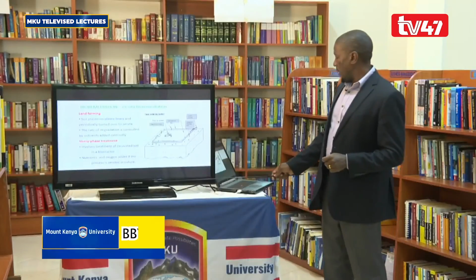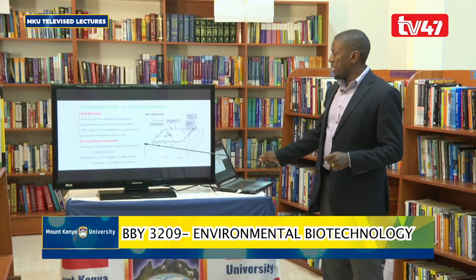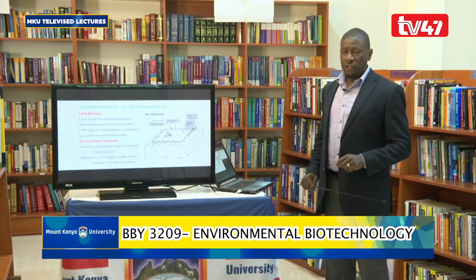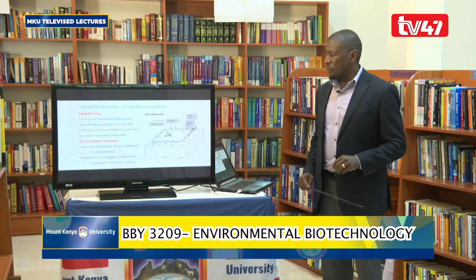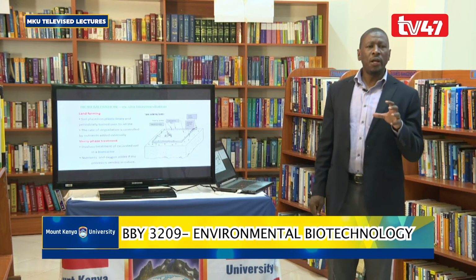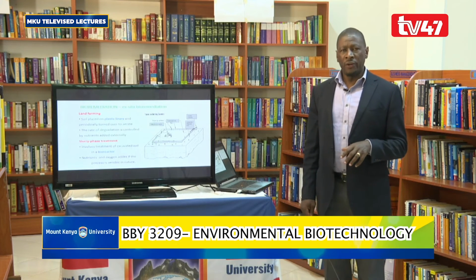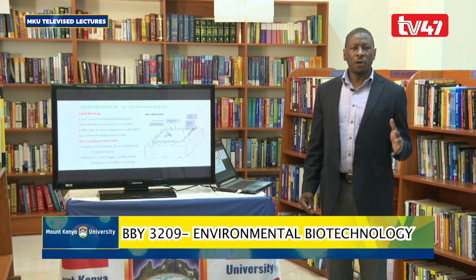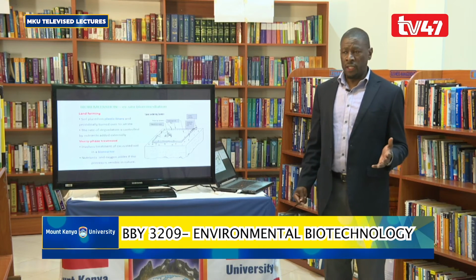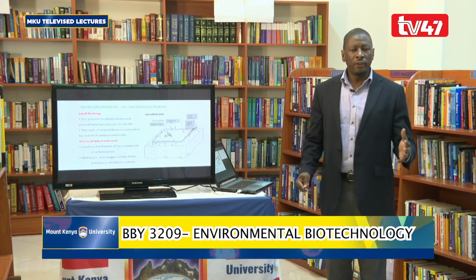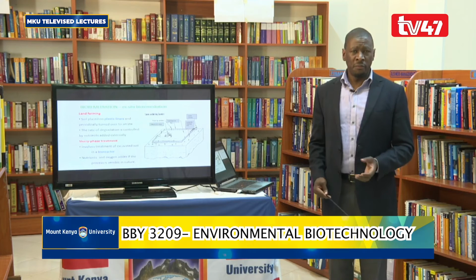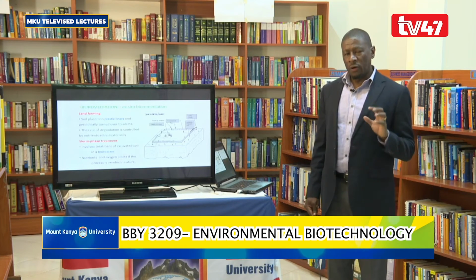And lastly, there's one more, slurry phase treatment. This one is a bit different, where the soil is put inside a bioreactor. Now, a bioreactor is a container which we normally use in biotechnology to control the environment for a microorganism so that we can optimize the growth of that microorganism.